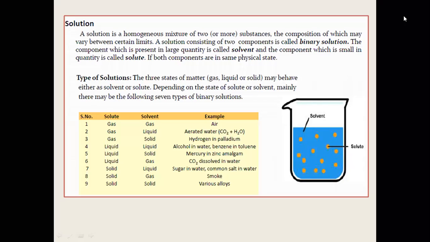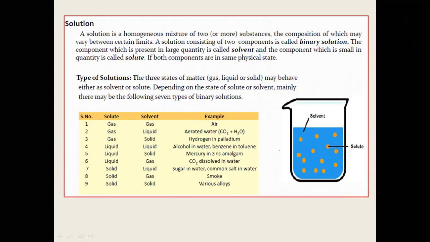But in fact, if you look at all types of solutions, we will come to know one thing, that solutions can be formed using solute and solvents in any state of matter. Not just solid solute, liquid solvent, or liquid solute, liquid solvent, the common solutions we prepare in our chemistry.